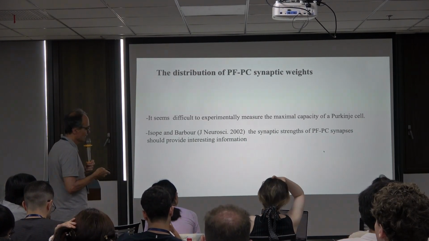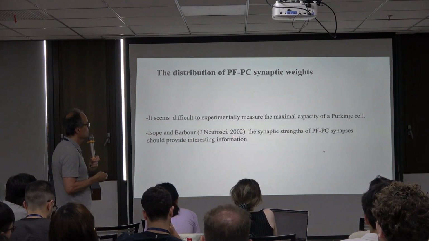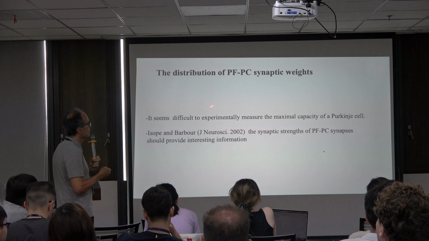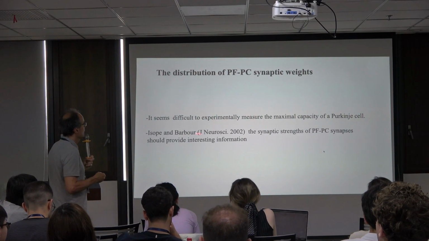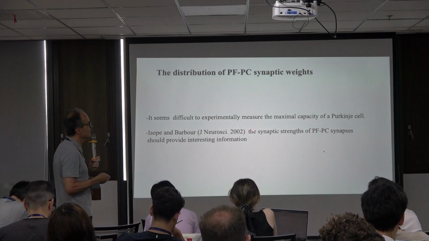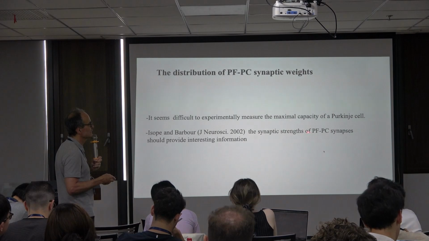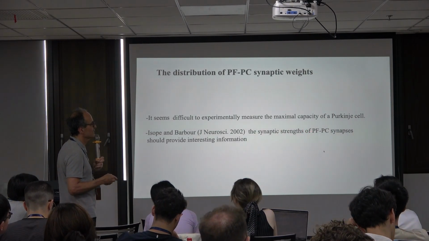So one thing that has been done is to try and see if we can get at this information in a different way. Boris Barbour had this idea that one interesting way would be to measure the weight of the parallel fiber Purkinje cell synapse.